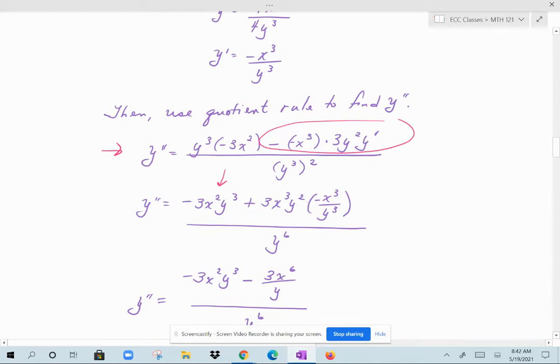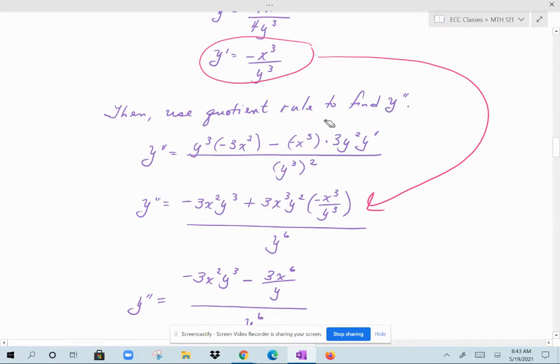But notice that I also substituted the y prime with what y prime is equal to, and I plug that right in here. So we don't want y prime in the answer of y double prime because we know what y prime is equal to. So you replace that with negative x cubed over y cubed.